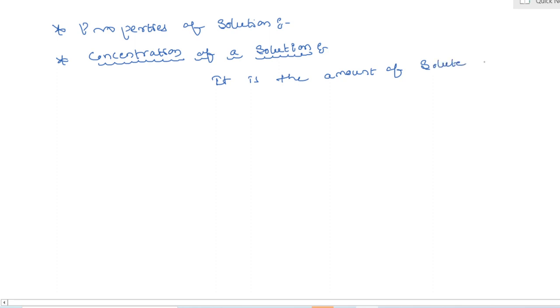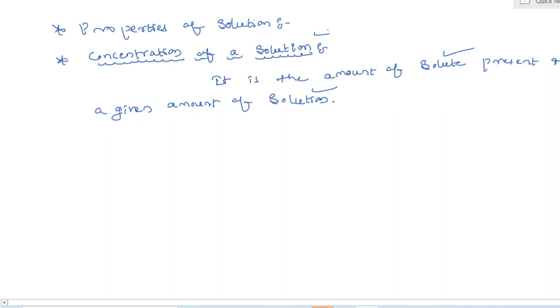What is the definition of concentration of a solution? It is the amount of solute present in a given amount of a solution.